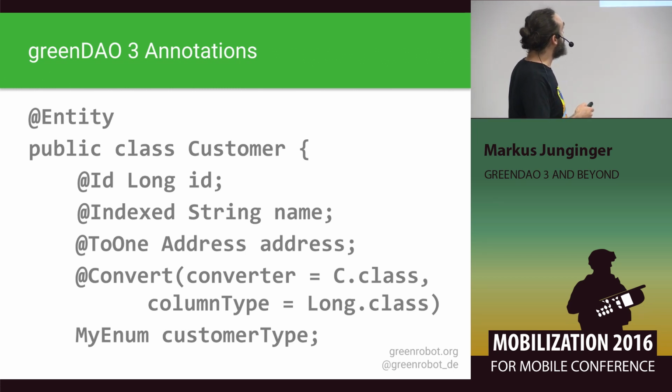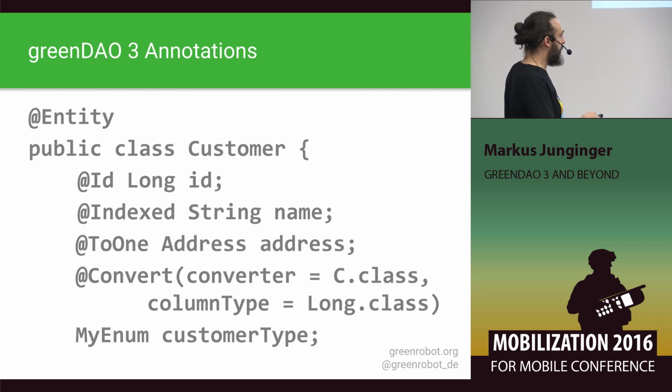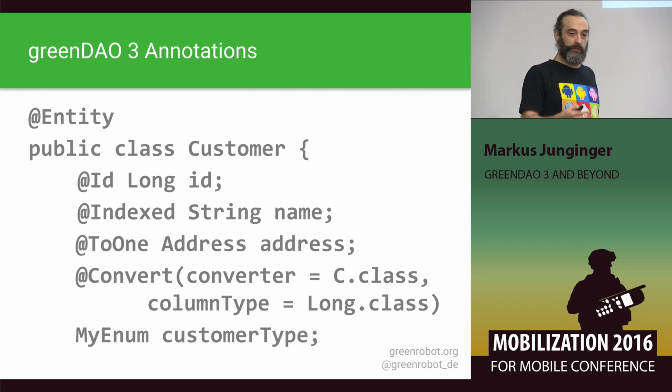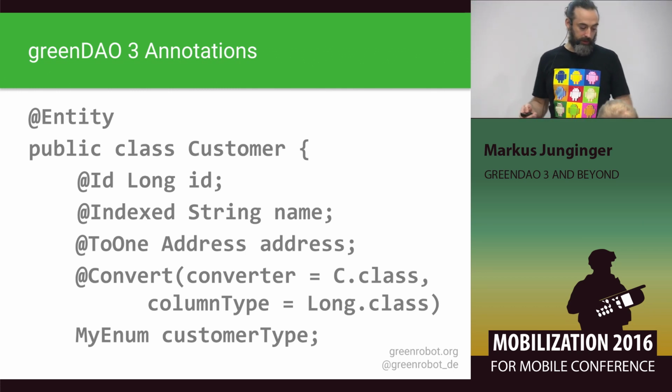This is a relation, obviously, and this is an example for the converter. This guy should be stored in the database, and the database doesn't understand this, right? So you tell greenDAO to use this converter to convert it into this database type, and you can still have your types as you want in your entity.